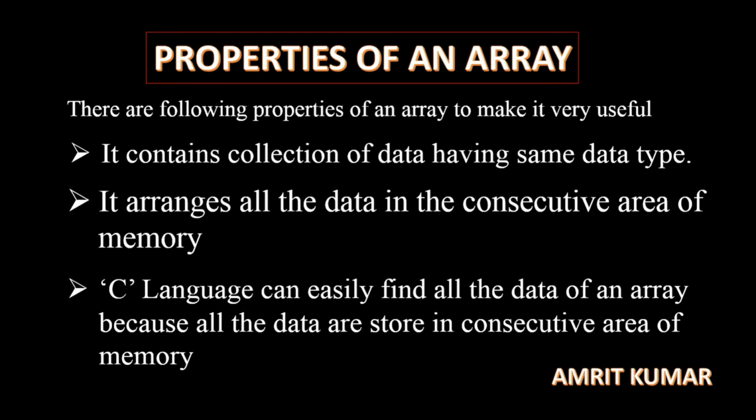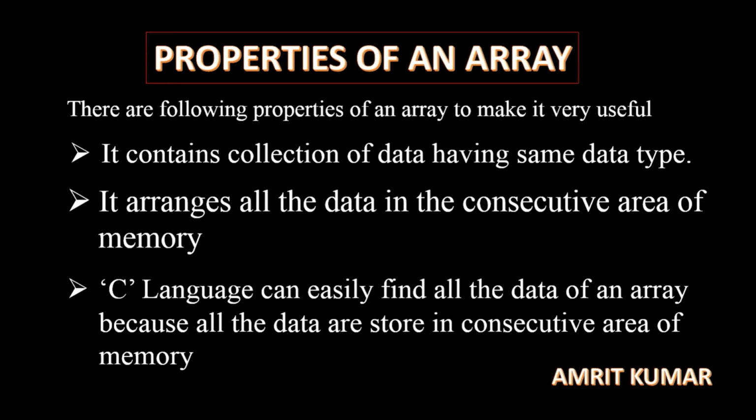So if it is storing data in A[0], then the next data is going to fit in A[1] or A[2] in a consecutive area of memory. This is the arrangement that we can do in an array.